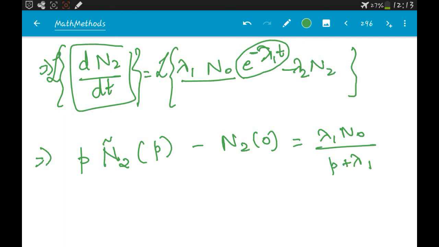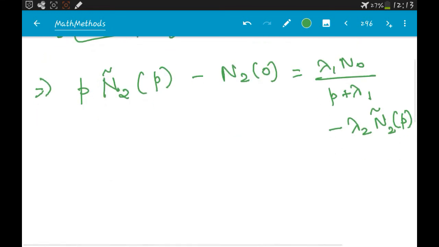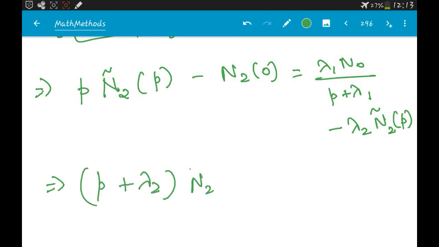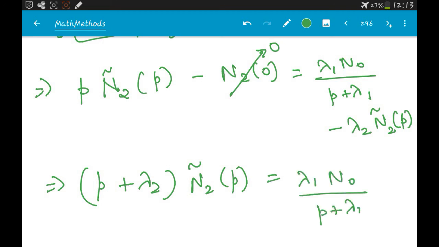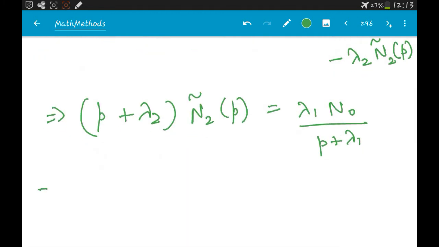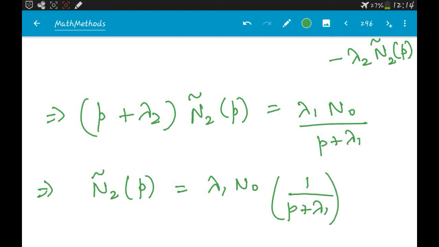And then you are left with minus lambda 2 n2 of p. Now we can take this to the other side, so we have p plus lambda 2 n2 of p, and n2 of 0 is 0, so we are left with lambda 1 n naught by p plus lambda 1. So n2 of p is equal to lambda 1 n naught, 1 by p plus lambda 1, 1 by p plus lambda 2.